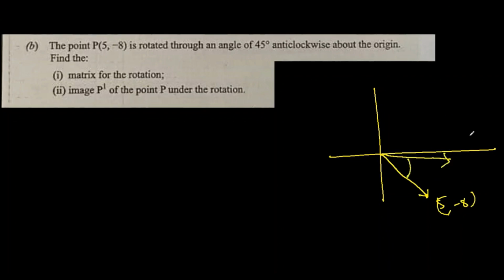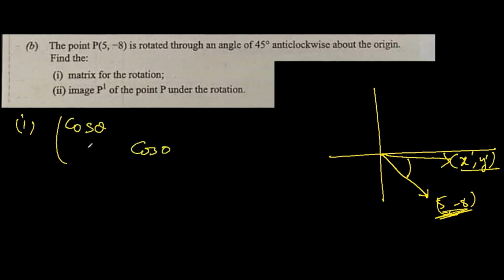They're asking what the coordinate will become after rotation. For that we have a straightforward formula, which is cos theta on these diagonals and sine theta on these diagonals, but this one will be negative, and then we write x, y here. We know the angle is 45 degrees, anti-clockwise, so positive side.